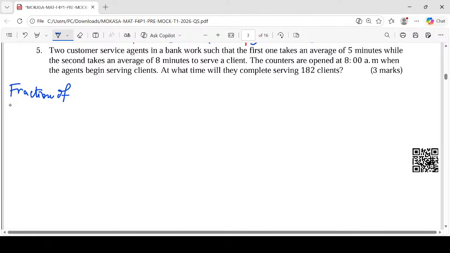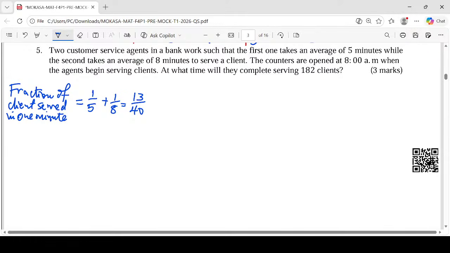The first teller takes 5 minutes, so that will be 1 over 5 added to 1 over 8. This will be equivalent to 13 out of 40. That is the fraction of the clients served in 1 minute.